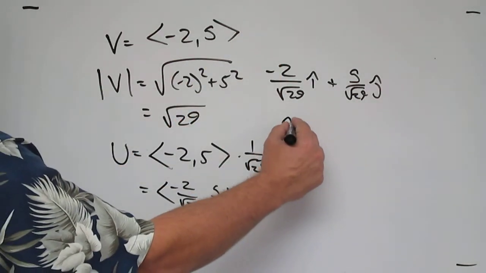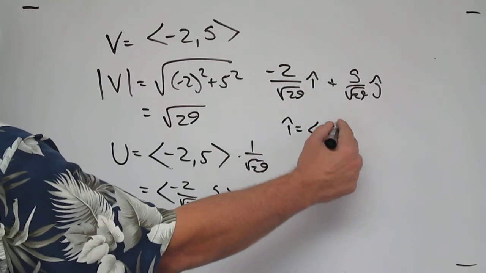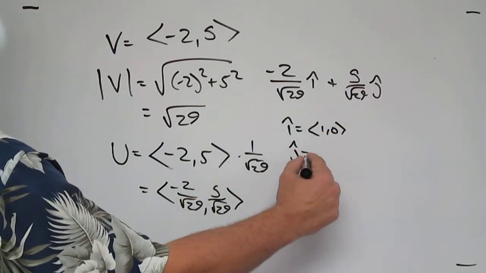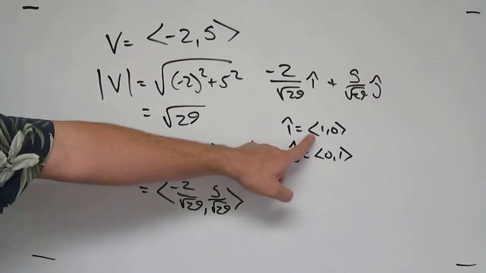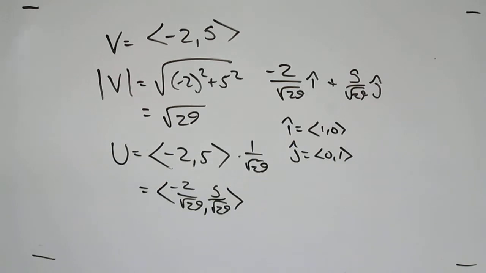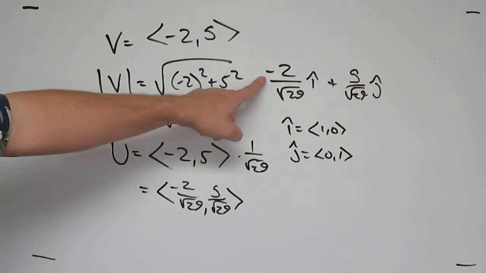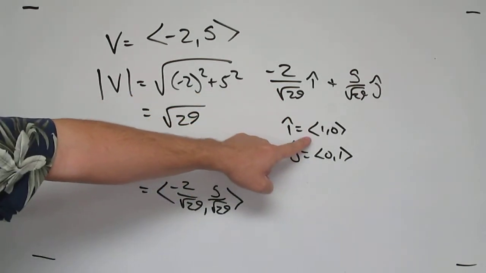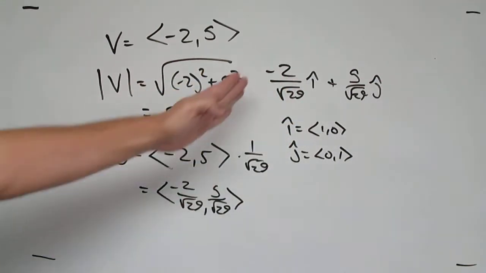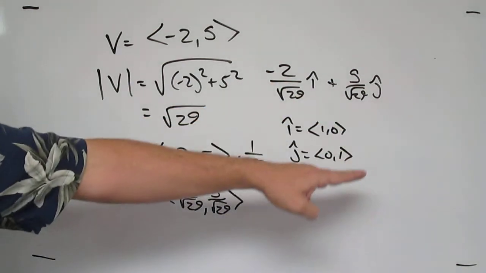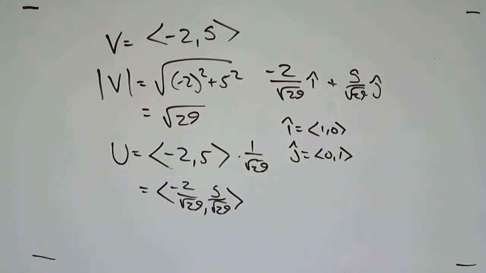So i hat is 1, 0. j hat is 0, 1. Those are unit vectors. This one's going directly to the right. That one's going directly up. So if I have something with this magnitude times i, basically I'm going to the left because it's 2 root 29, but it's negative. And here I'd be going up 5 root 29. So it allows us to slightly change those standard unit vectors in a linear combination way.